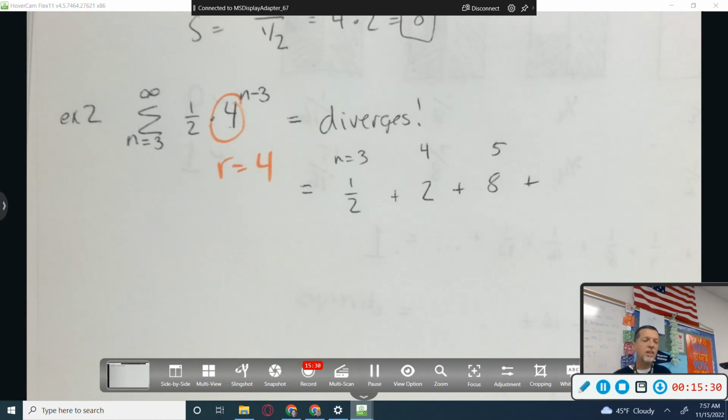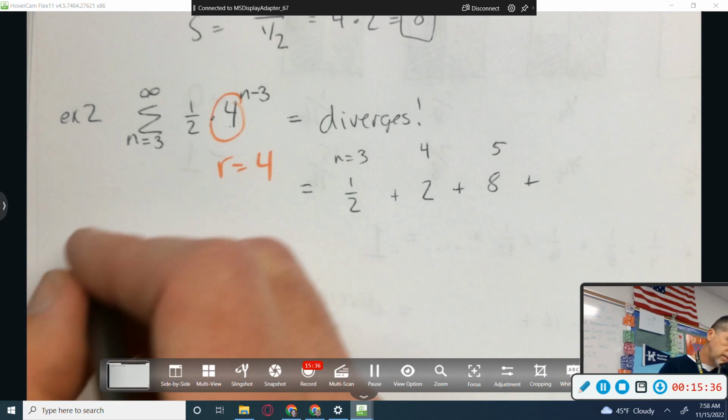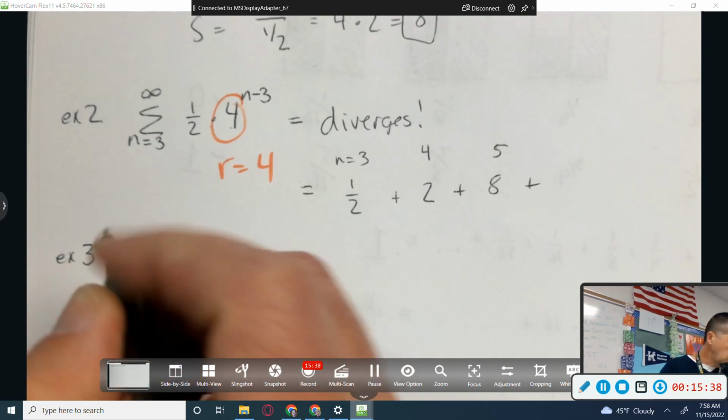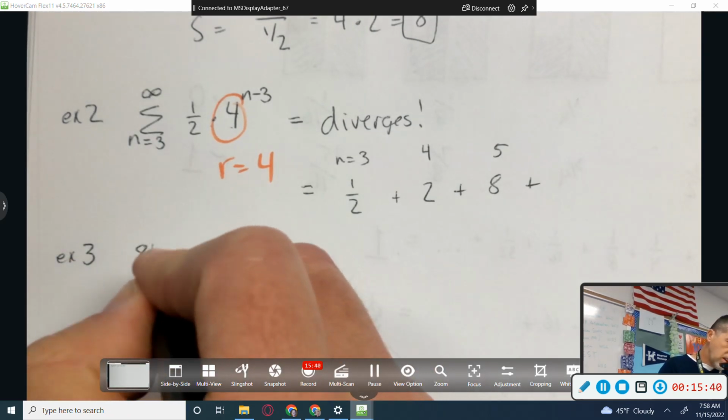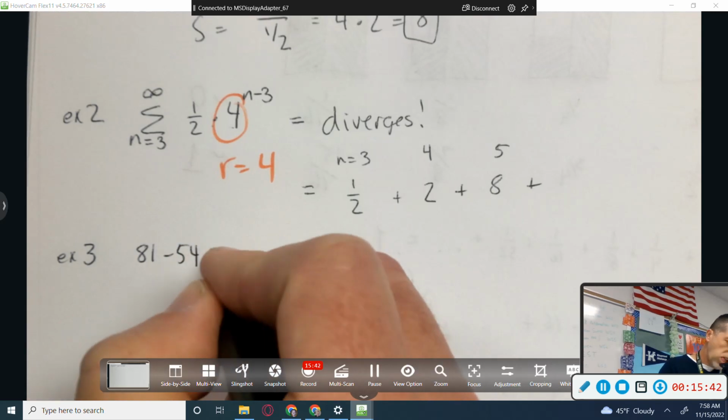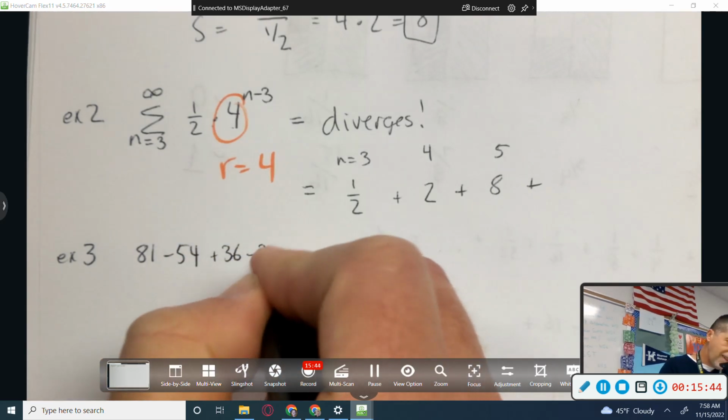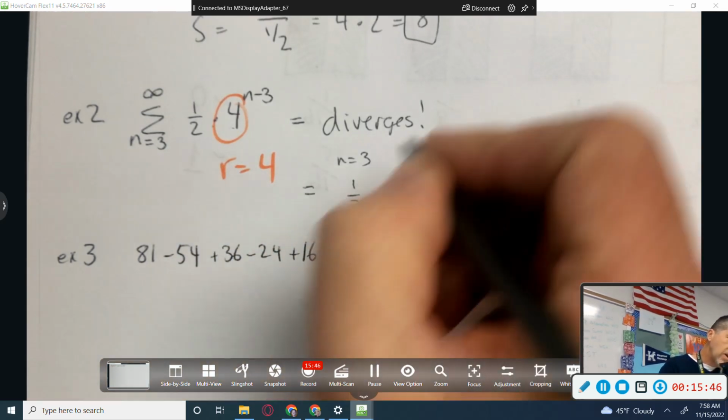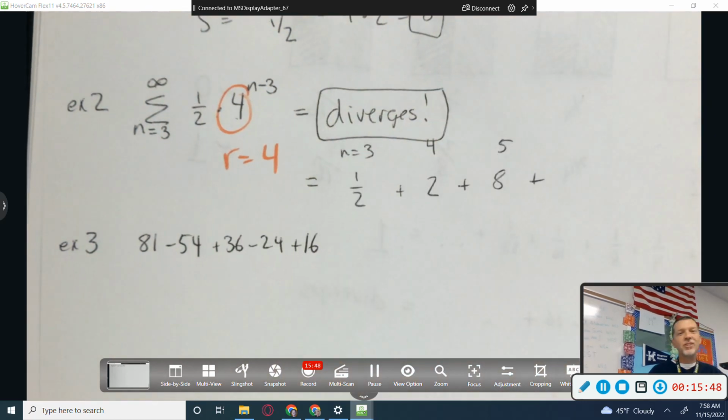They've got to converge, not diverge. So your answer to that problem is diverges. There is no sum because it's just getting bigger and bigger.